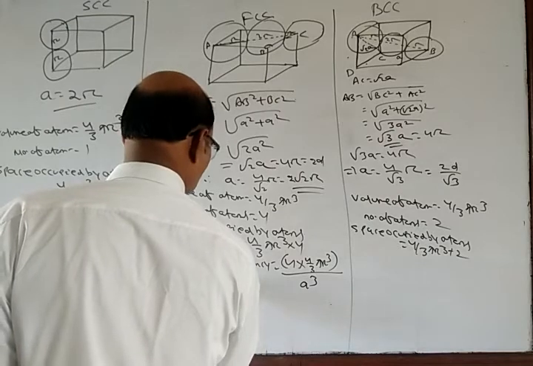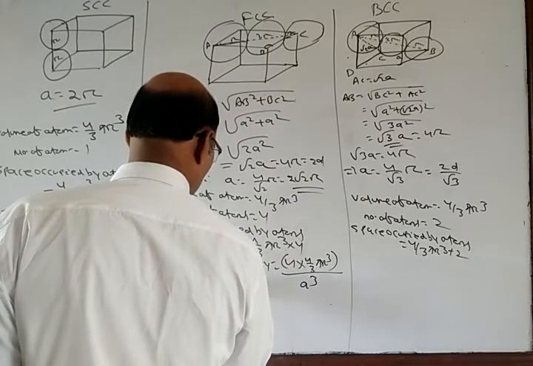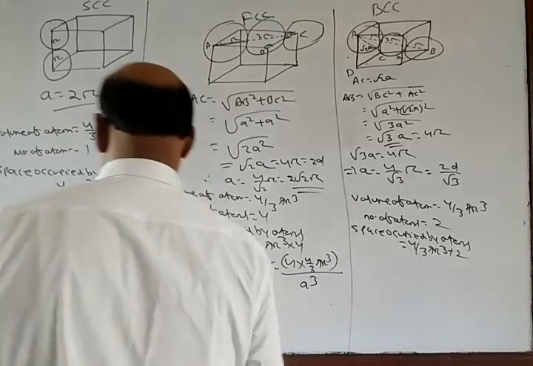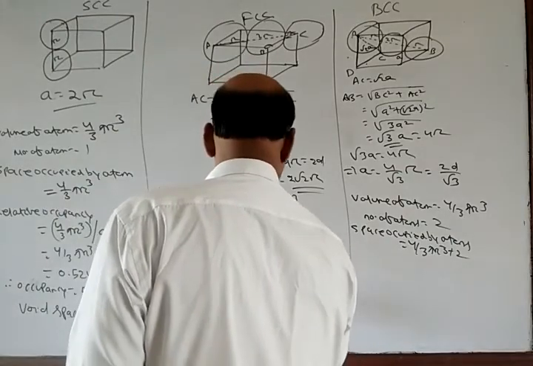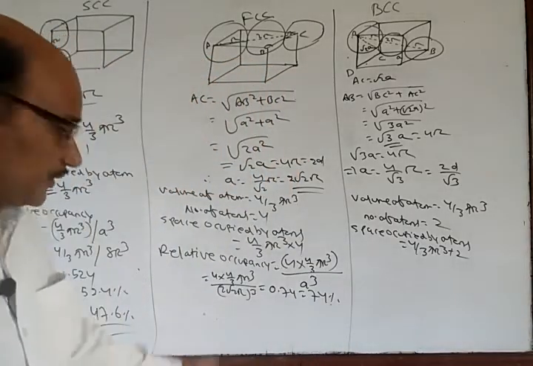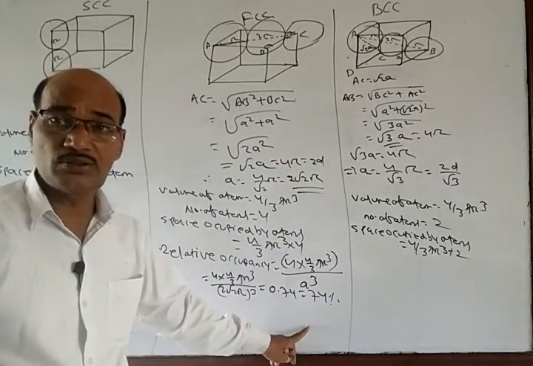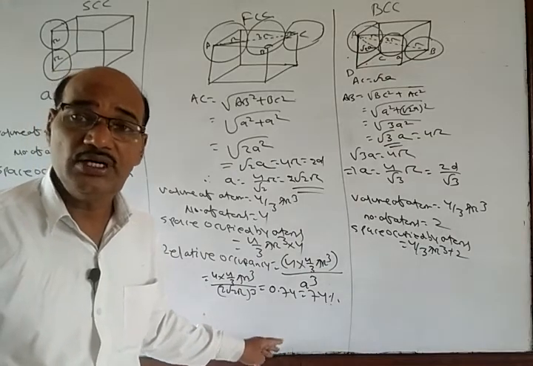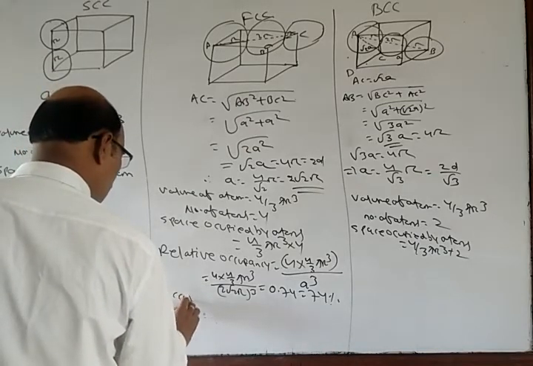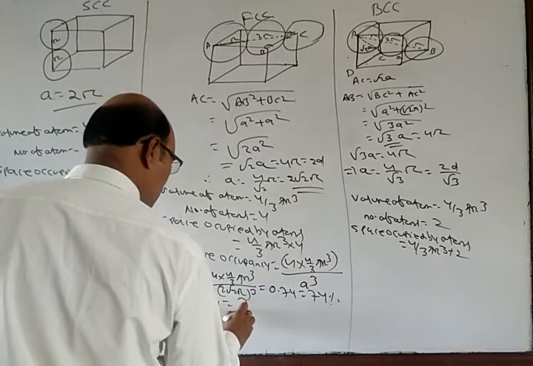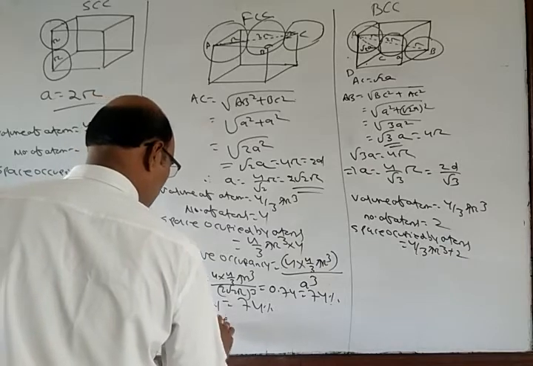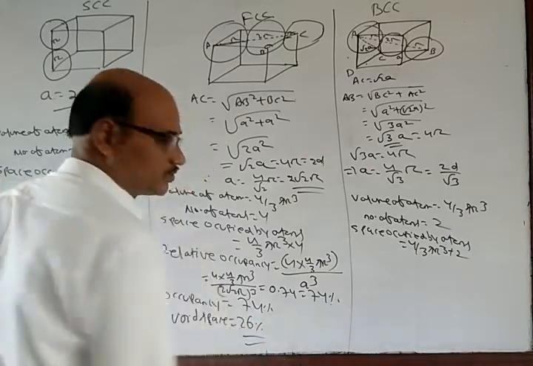So it equals 4 into 4 by 3 pi r cubed divided by (2 root 2 r) cubed, which gives 0.74, equal to 74%. That means here the occupancy is 74% and 26% is the void space. So occupancy equals 74% and void space is 26%.